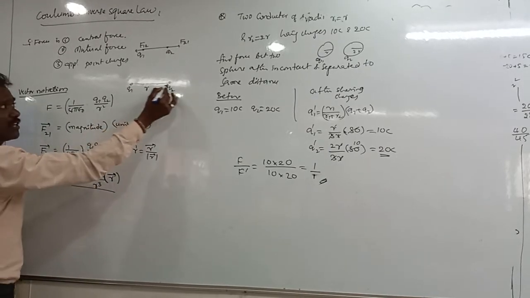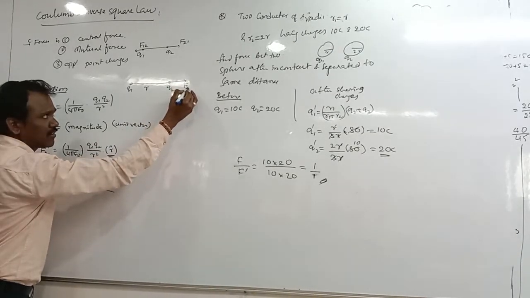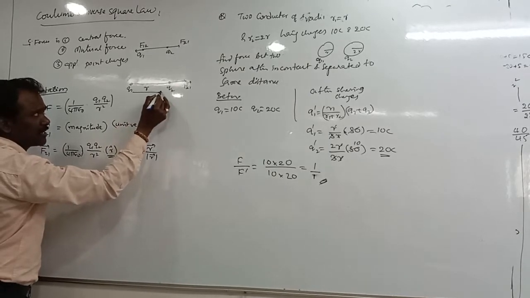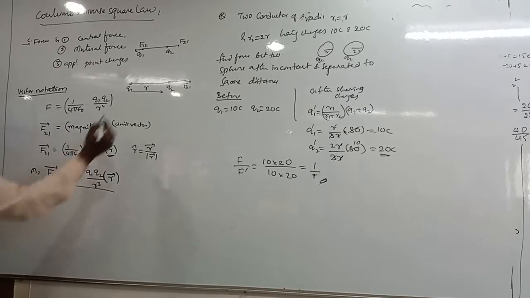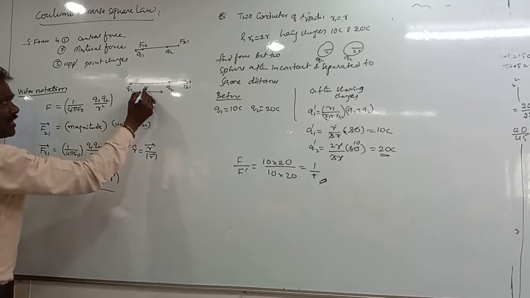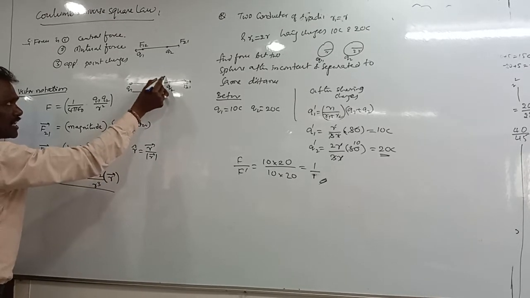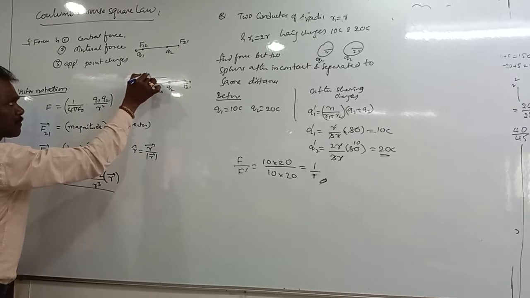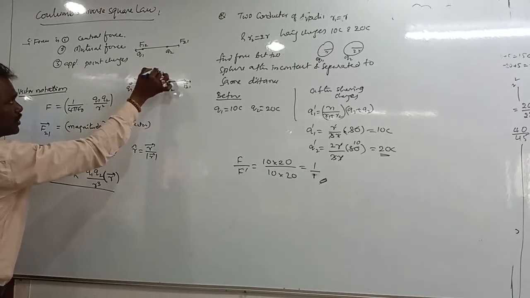That is the force acting on Q2, this is F21 bar, and R we are taking from 1 to 2. These are distances, right? So we are taking from 1 to 2, and reversely, if we write it, R21 is equal to minus of R12, in vector notation.